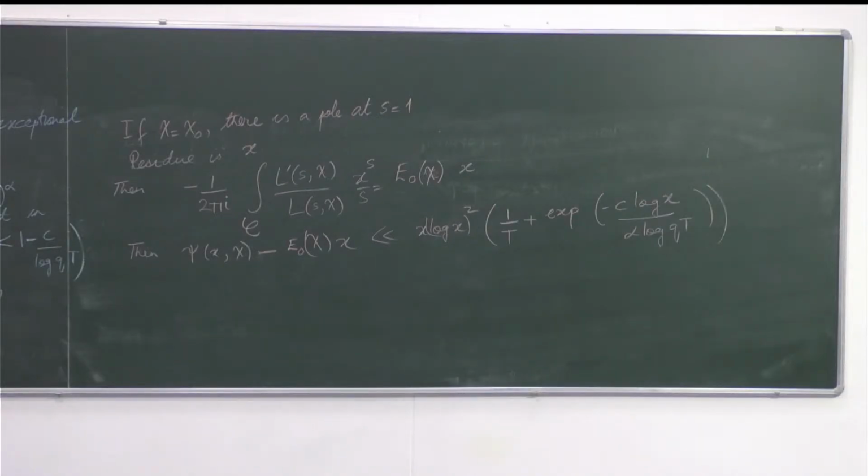So this is the case 1, where there is no exceptional zero.